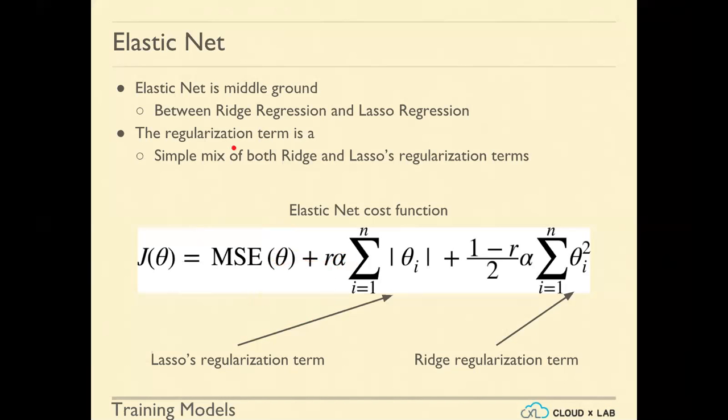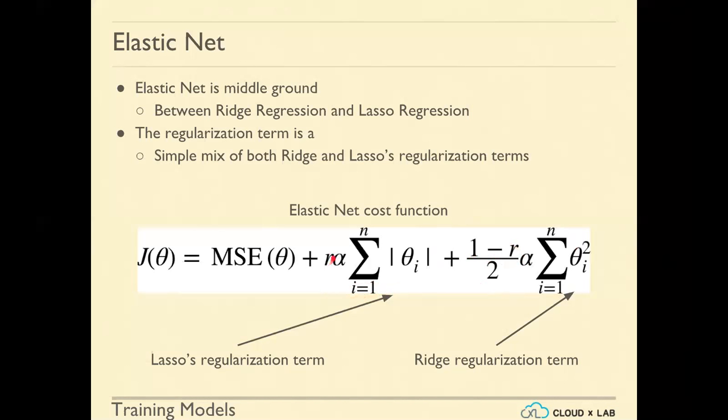Okay, so elastic net is the middle ground, or a composition of the two. It's ridge and lasso. The regularization term is simply a mix of both the ridge and lasso regularization terms. We just put one more coefficient here, R, and 1 minus R. If R is 1, then 1 minus R will be 0, and therefore it'll behave like lasso.